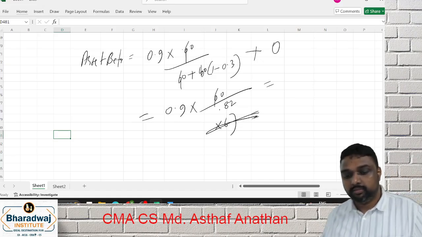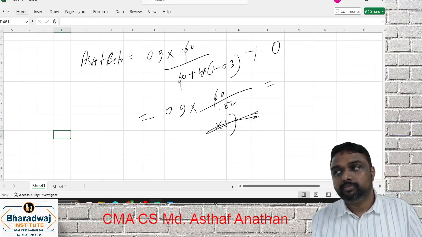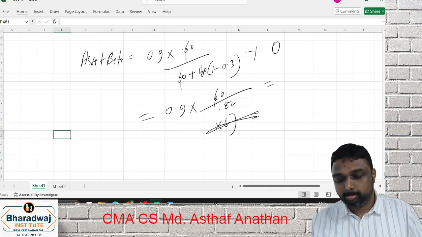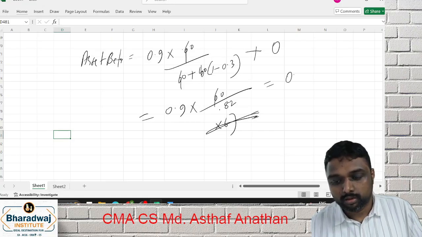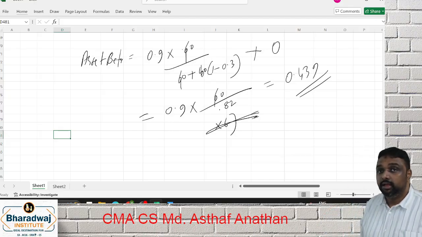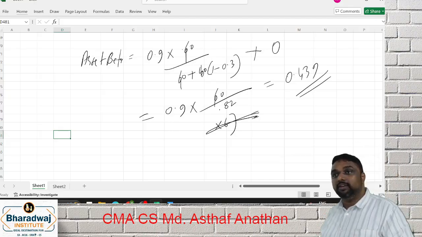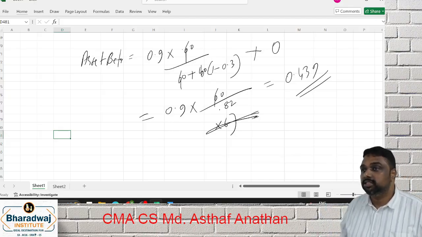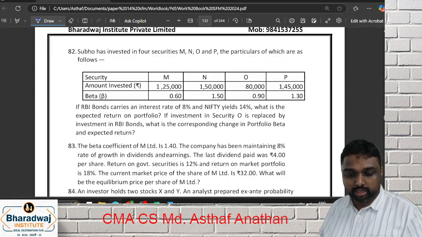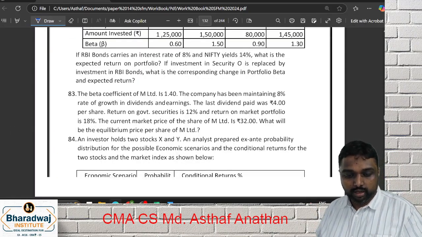What will be the answer? Very good, 0.43. This is the asset beta. We have discussed different concepts. Once asset beta is found, if the debt equity proportion changes, it will have no impact. These are all normal portfolio questions.